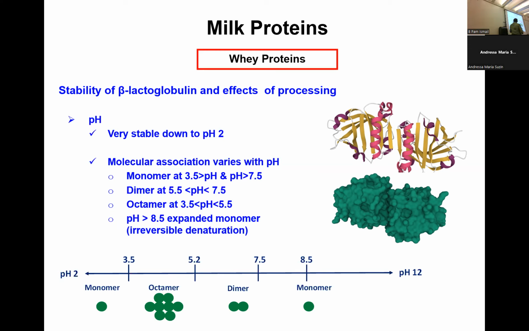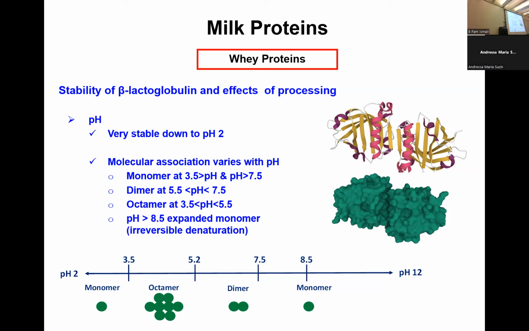Beta-lactoglobulin, the whey protein, is a monomer at very low pH and very high pH. So it exists as a monomer. Between pH 6.5 to 7.5, or around 5.5 to 7.5, it exists as a dimer. That is the pH range in milk, so it exists as a dimer.